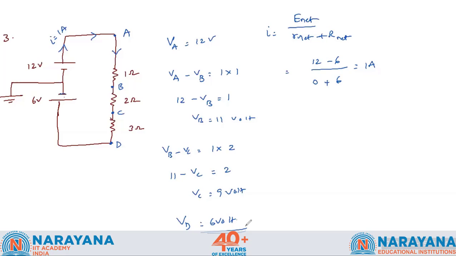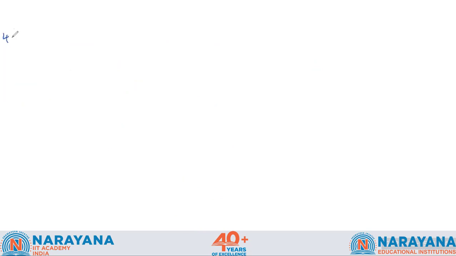So then next one, question number 4. See this question number 4. They have taken a circuit again. They have given you a circuit here. This is 3 ohms. This is 2 ohms. This is also 2 ohms.